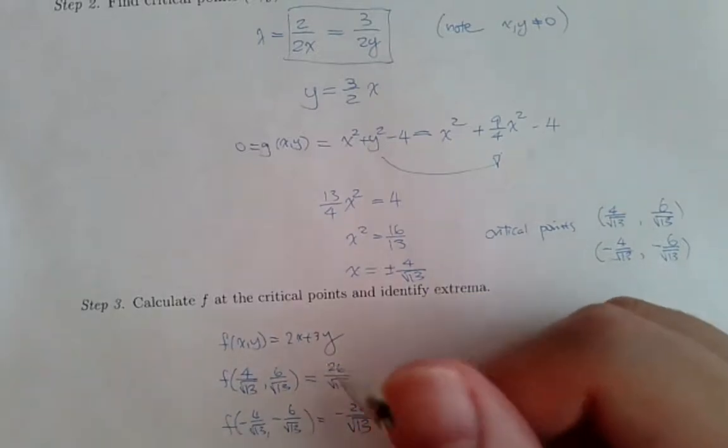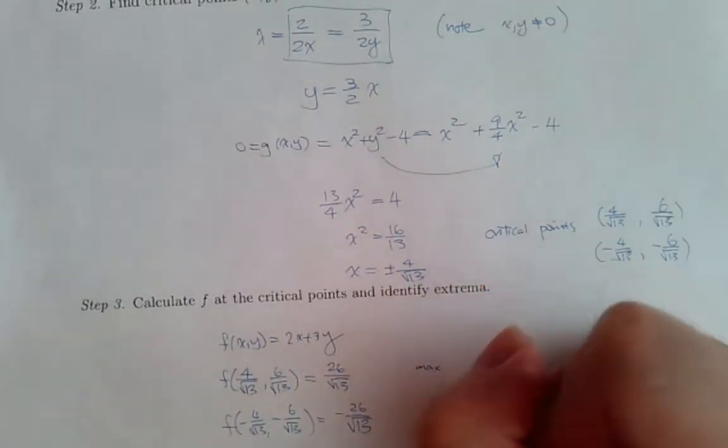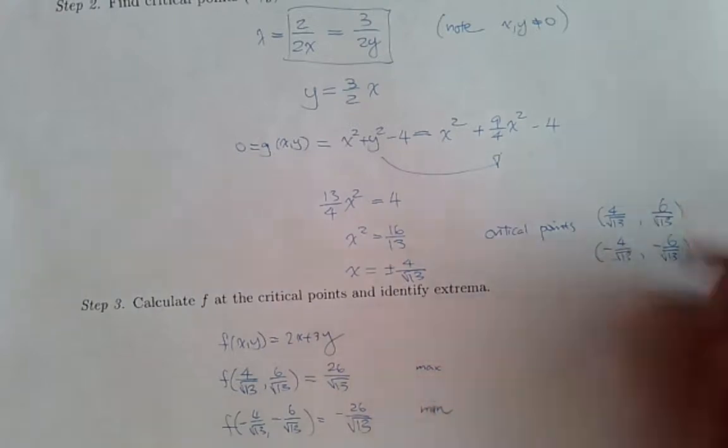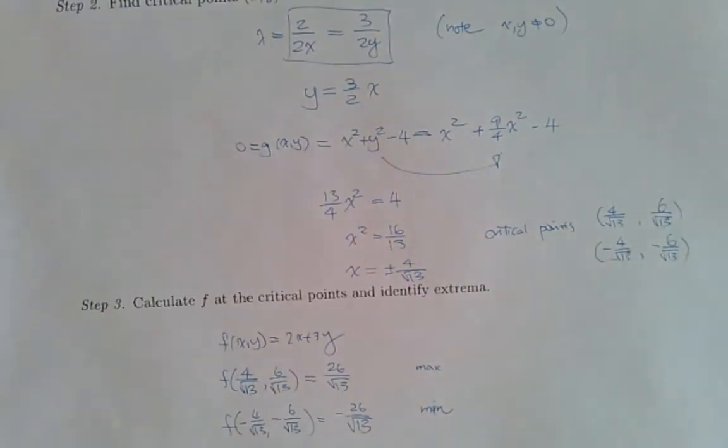Because this is bigger and that is smaller, we know that this one is a max and that one is a min. And we're done.